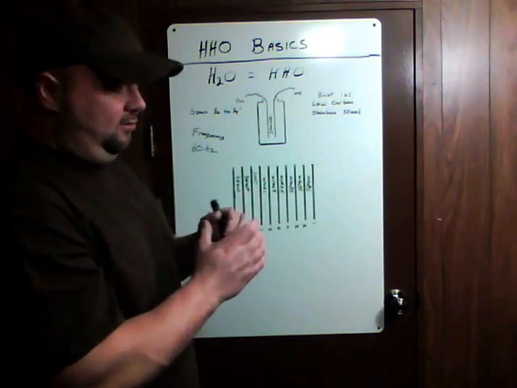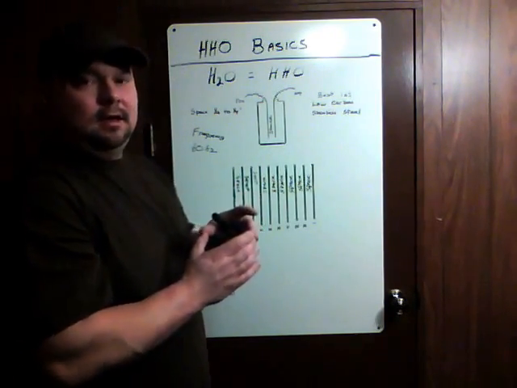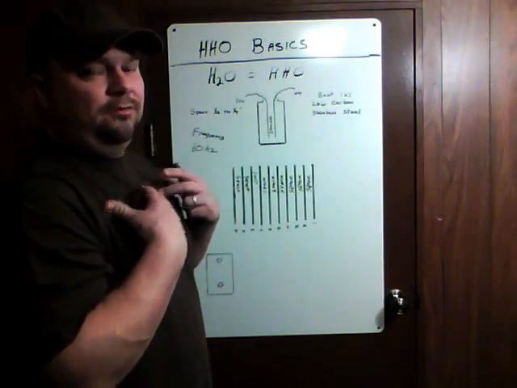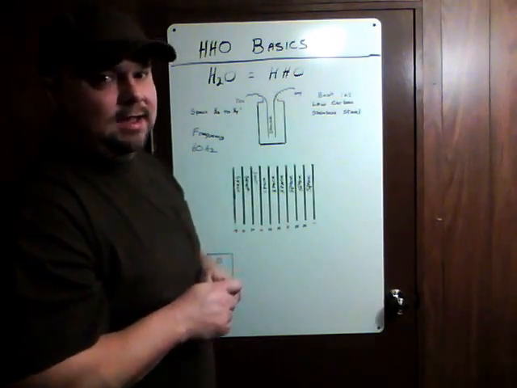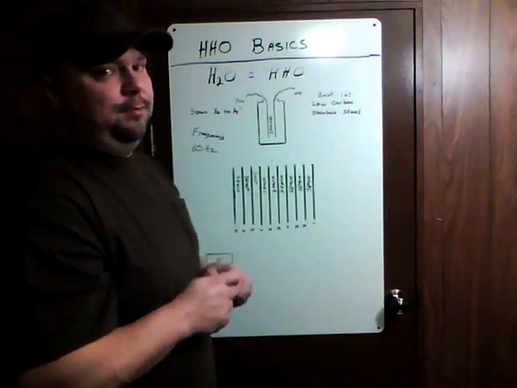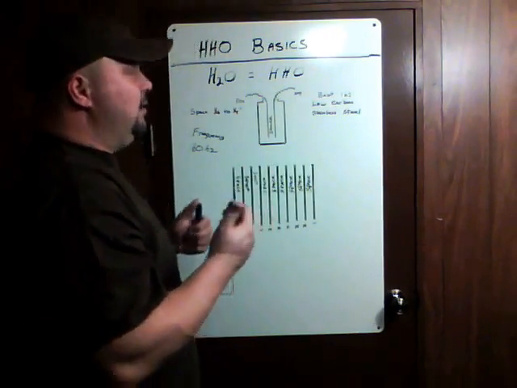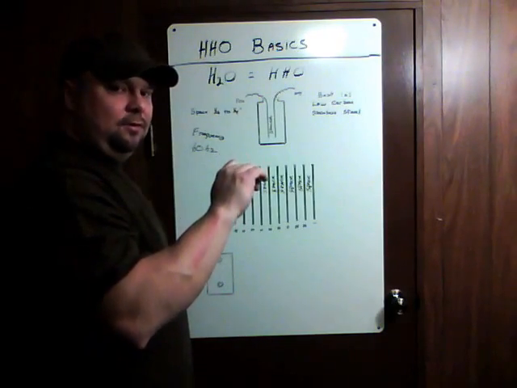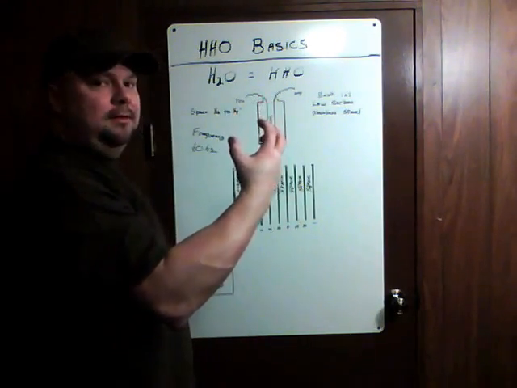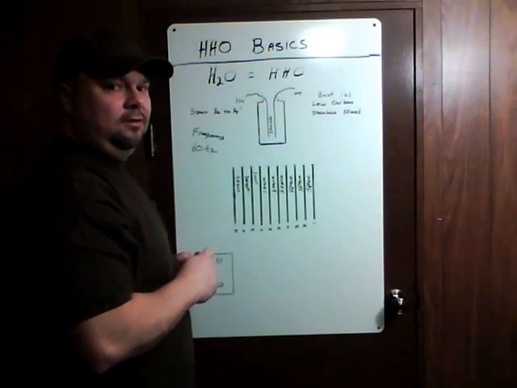So buy yourself an optimizer board, like the ones from Southern Kentucky HHO.com. They make a really nice integrated board, and it's reasonably priced. You can turn the frequency up and really kick up the amount of hydrogen that this thing is putting out.